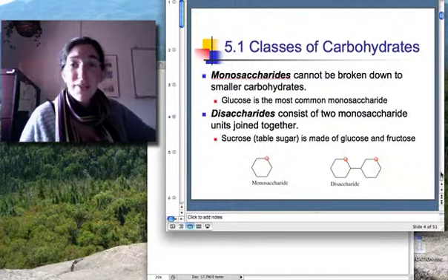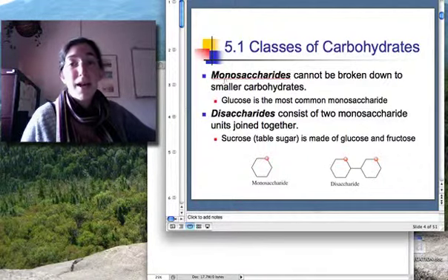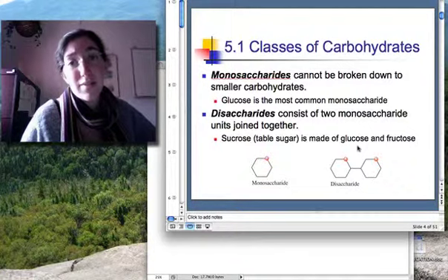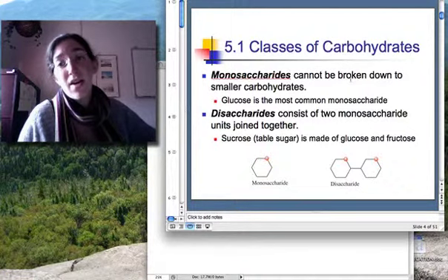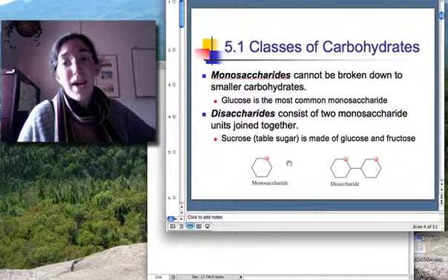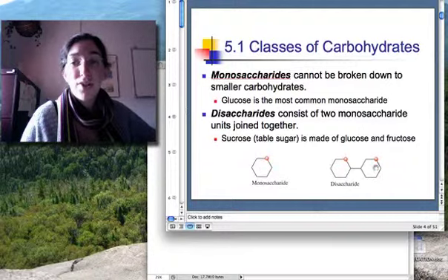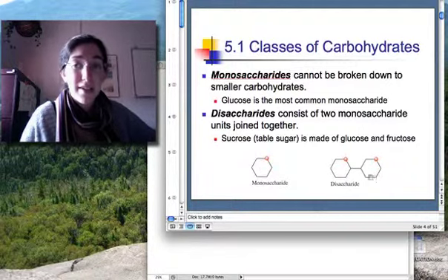So like I said, there's different classes of carbohydrates. So you have your simple sugars, which are going to be your monosaccharides and your disaccharides. And then in a couple slides I'll talk about the polysaccharides, the more complex carbohydrates. So these simple carbohydrates, monosaccharides and disaccharides, are simple molecules. A monosaccharide is a single sugar ring, whereas a disaccharide is two sugar rings bonded together.